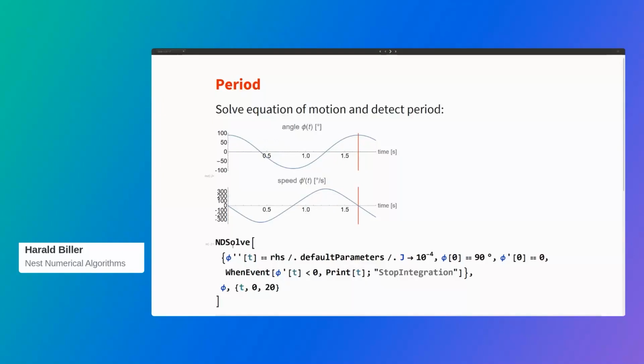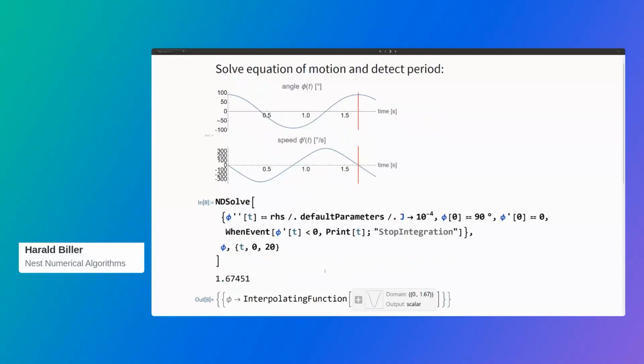So this is how you get the period for the default parameters plus a specific moment of inertia j with initial position 90 degrees and 0 speed. And a WhenEvent detects that the speed goes through 0 from above. And then I print the time and stop the integration.